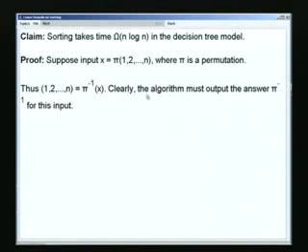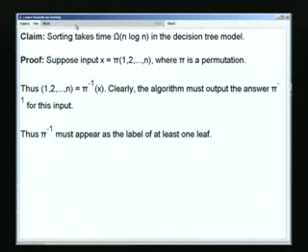So the answer must be pi inverse, and essentially pi inverse must appear as the label of at least one leaf, because that leaf must have somehow identified this permutation, and only then can it name how this permutation can be unscrambled to get 1 to n. So pi inverse must appear as a label of at least one leaf.